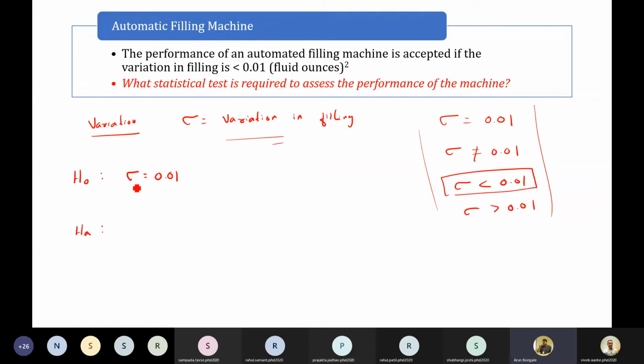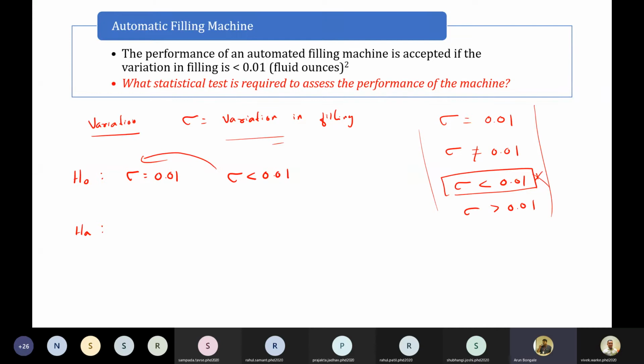If sigma is equal to 0.01, the null hypothesis statement is true. Again, if sigma is less than 0.01, the statement is also true. The null hypothesis will hold good in that case also. So you cannot write sigma is less than 0.01.